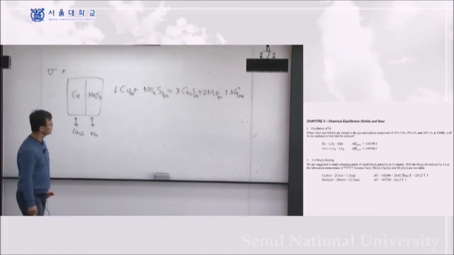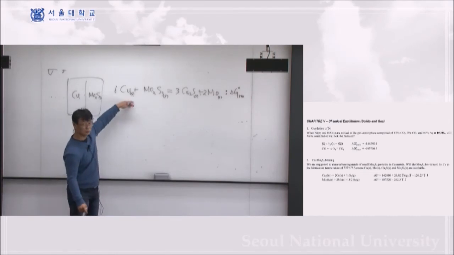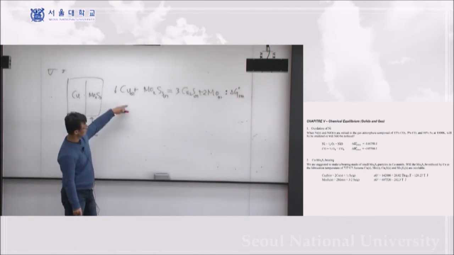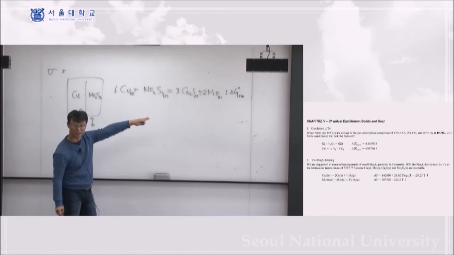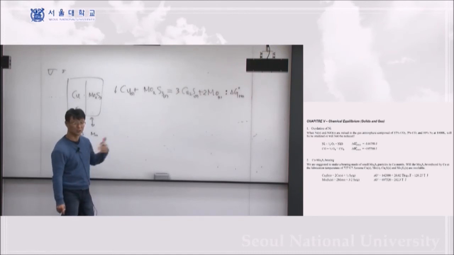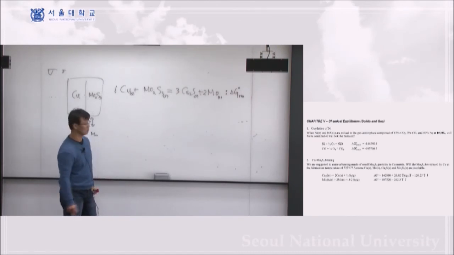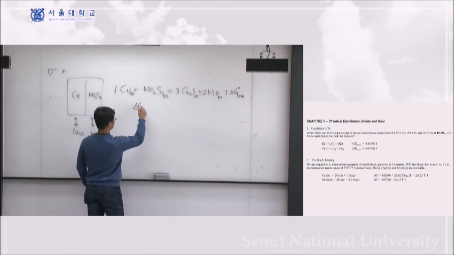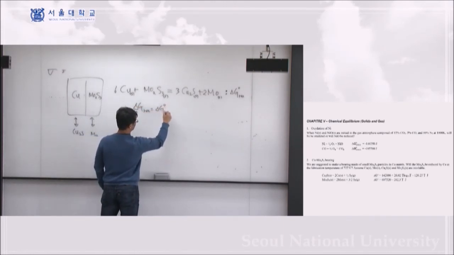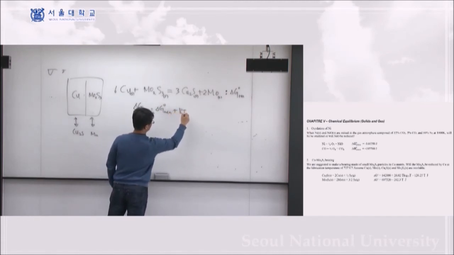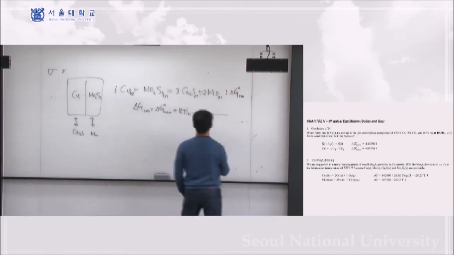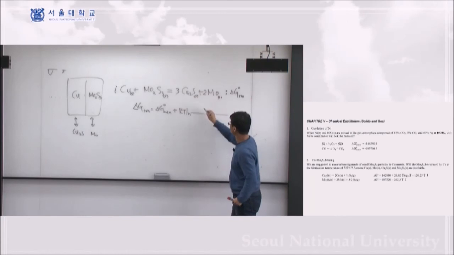Good? So if you just set up this one, let's think about it this way. I want to know, not delta G naught, I want to know delta G of reaction, whether it's positive or negative. That's the direction, yeah? That tells you the direction of the reaction. So delta G of reaction equals delta G naught of reaction plus RT ln, in this case, the activity of each.